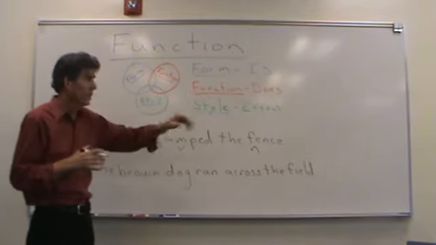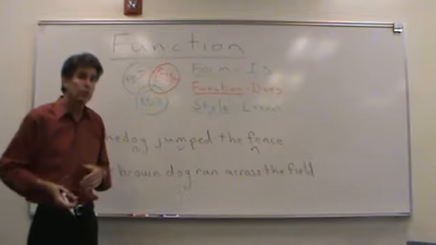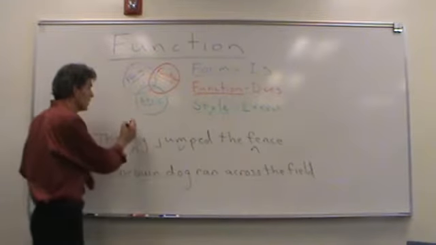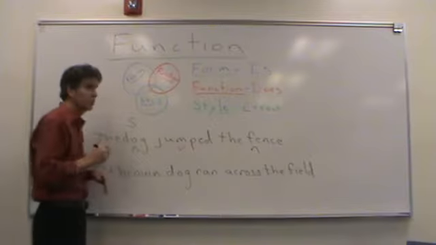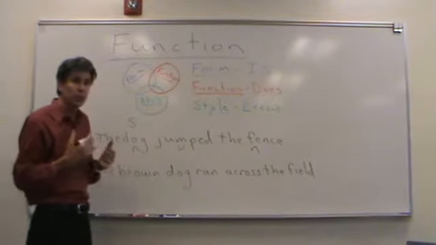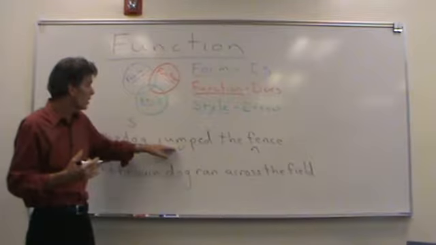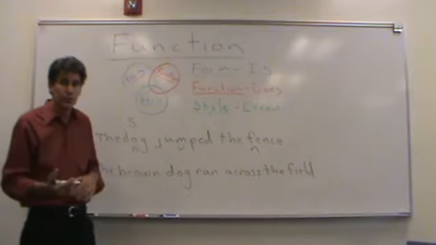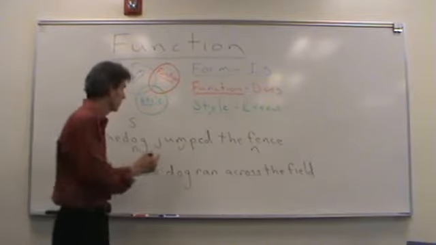Noun, verb, noun. Okay? But what are they doing? They're doing things that are quite different. The dog is functioning as the subject of the sentence. It is a noun, but it functions as the subject. What about jumped? Jumped is a verb, and it functions as a verb. That's what it does. Okay?